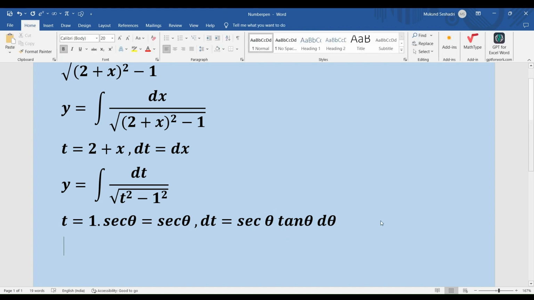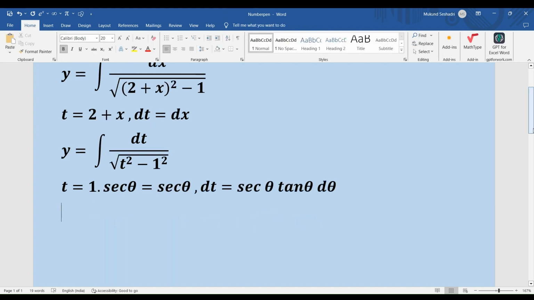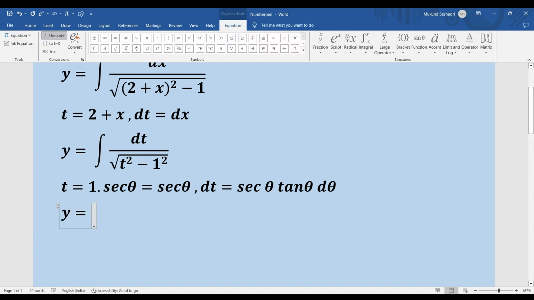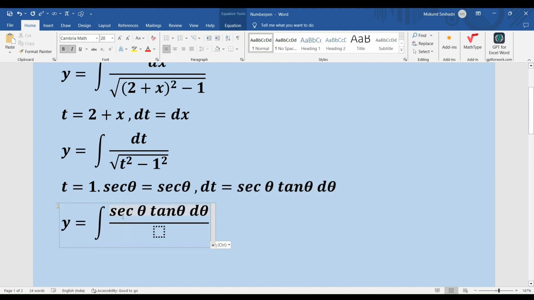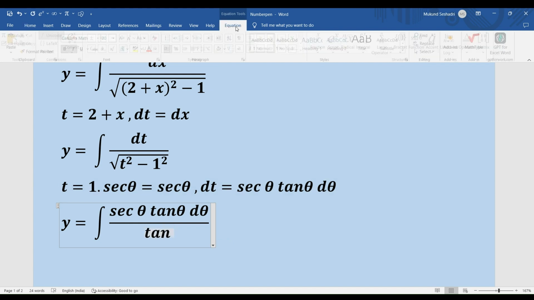Now I go back to my y, and I try and rewrite everything in terms of theta. Let's see what we get. Now I have the integral of my dt, which is in the numerator, which is what we evaluated just now, becomes secant theta tan theta d theta. And then in my denominator, I have a square root of secant square theta minus 1, which is nothing but tan square theta, and then you have a square root of tan square theta, which is nothing but tan theta, right?